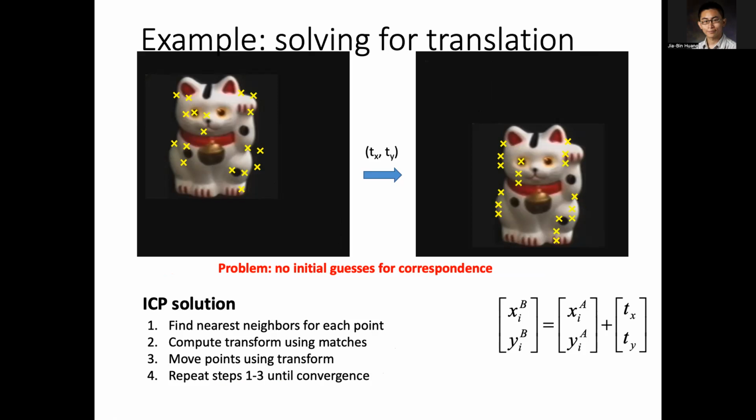But in this case, we don't have a correspondence, and therefore what we do is first guess a correspondence. The way you guess the correspondence is to use the closest nearest neighbor. You find a correspondence for each point, compute the transformation, move the points using the transformation, and then iterate. So you can see that the two point sets get pulled together and gradually converge.